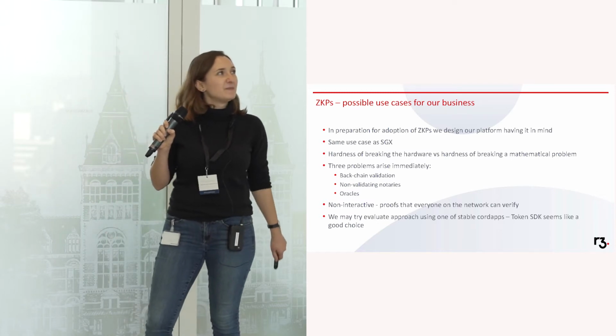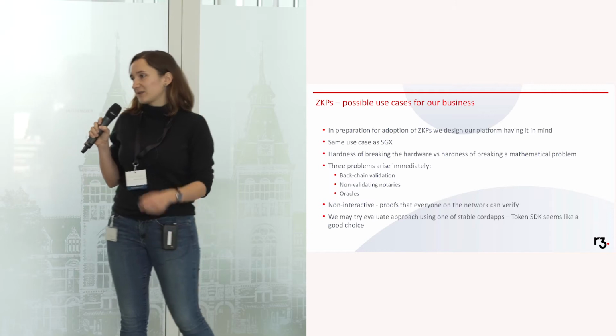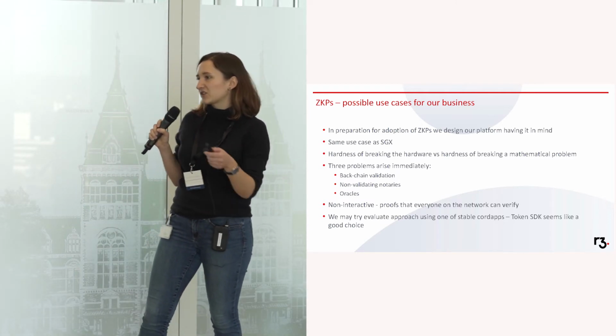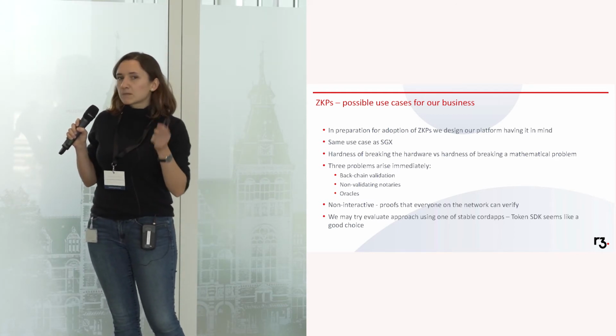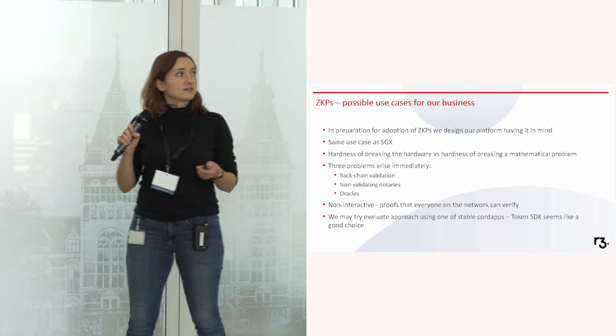They're speaking later. And third, oracles. Oracles are also special nodes on the network, similar to non-validating notaries. We just show them part of the transaction and they sign over this command data, like a piece of information that it was valid at this time.